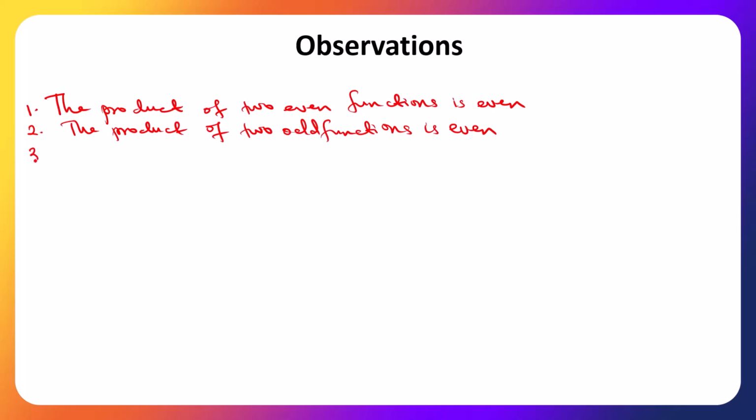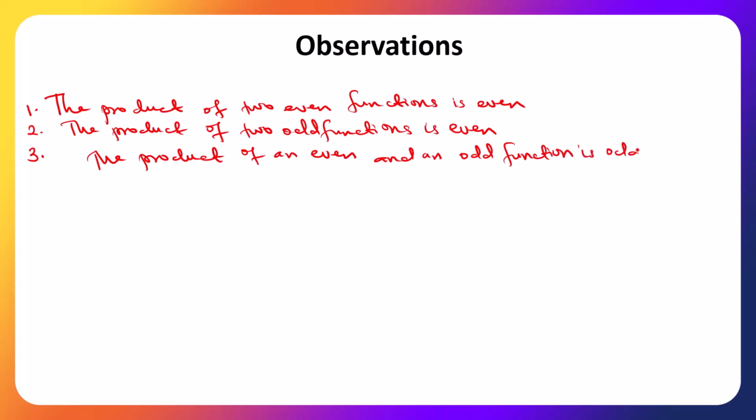That's observation 2. Then the product of an even and an odd function is odd. And that is the third observation.